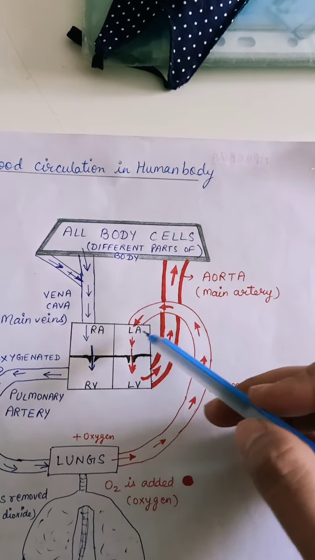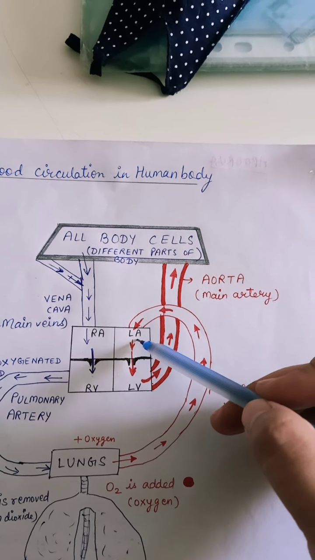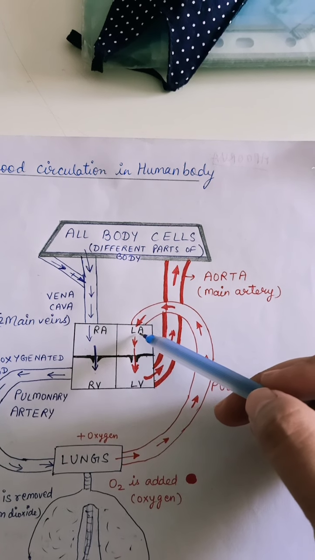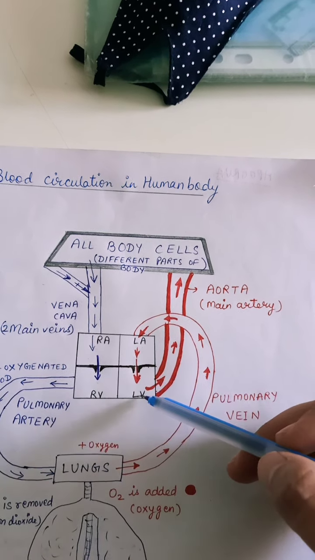Now what will happen? This pulmonary vein carries oxygenated blood to the left side of the heart, that is the left auricle, and then to the left ventricle. This left ventricle will now play the main role of supplying this pure blood to all the body cells. In this way, aorta, which is the main artery, carries this pure oxygenated blood to all the body cells.